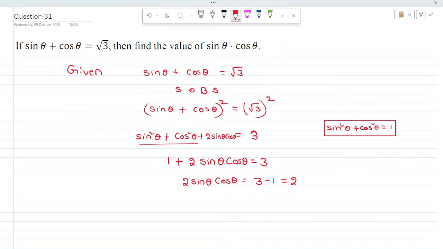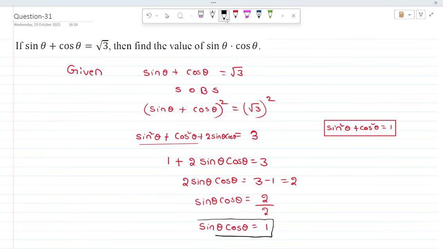Agree? Send the 2 also to the other side. Sin theta cos theta is equal to 2 by 2, because it is multiplying. So what will be your answer now? Sin theta into cos theta is equal to 1.